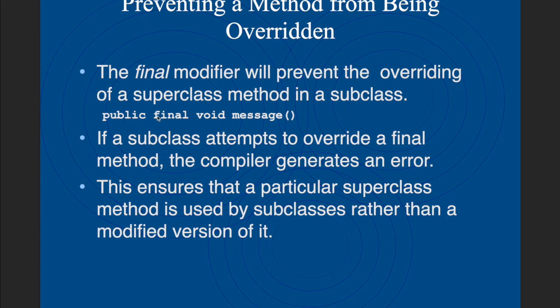So final, instead of static, it's final. If a subclass attempts to override a final method, the compiler generates an error. This ensures that a particular superclass method is used by subclasses rather than a modified version of it.